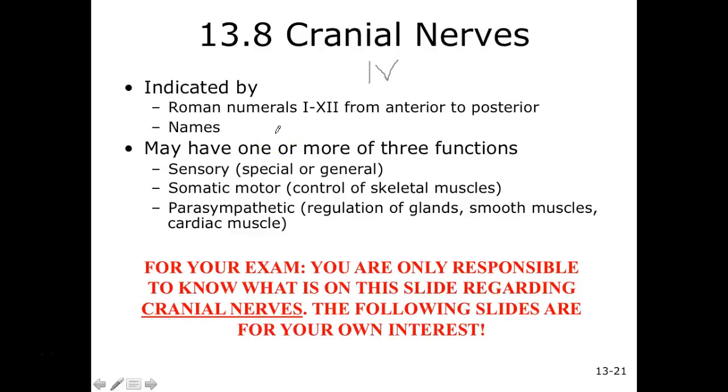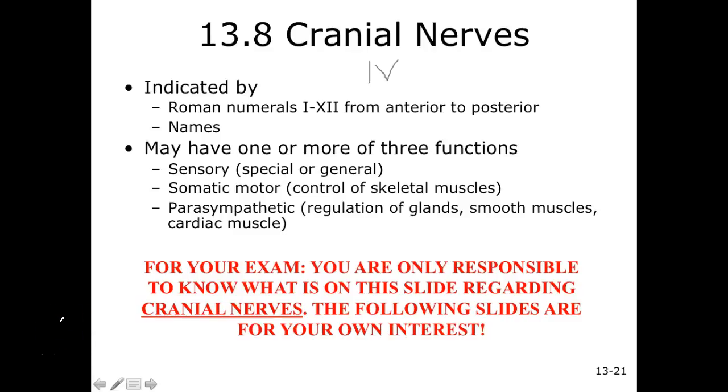The other thing I want you to know about cranial nerves is that it can have one or more of 3 functions. It could be a sensory cranial nerve, it could be a somatic motor cranial nerve, or it could be parasympathetic innervation. Okay. These following slides are extra information.